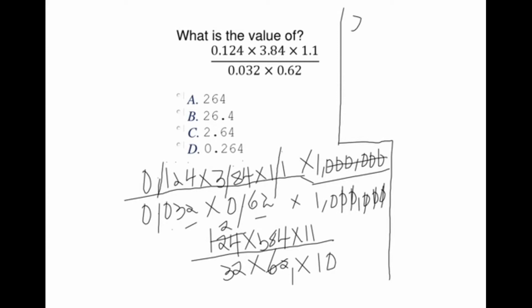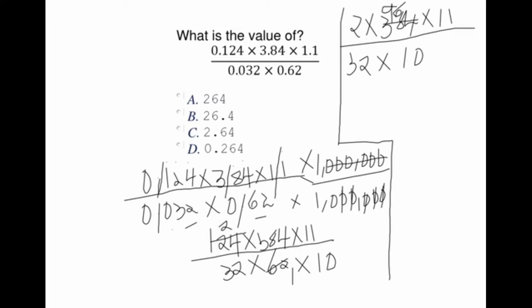We have 2 times 384 times 11 divided by 32 times 10. So 384 divided by 4 is 96. Divided by 4 is 8. Then 32 divided by 4 is 8, divided by 4 is 2. Then these 2 and these 2 cancel. We remain with 24 times 11 over 10.